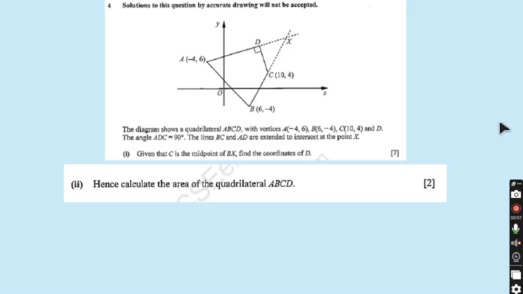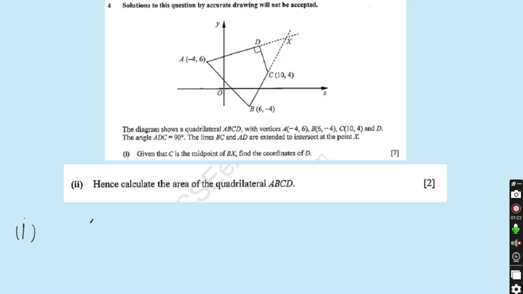This is a very easy question. The main part of this question: first we have to find the coordinates of X. This is part number 1. According to the question, C is the midpoint of BX.